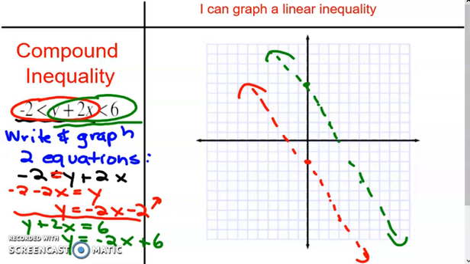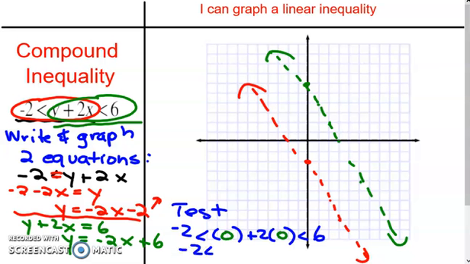Okay, so now for the shading. We can test 0, 0, and I'm going to go ahead and test 0, 0 in the original inequality. So when I test this one, I'm going to go -2, we'll leave a blank there for y and a blank for x. I end up with -2 is less than 0.